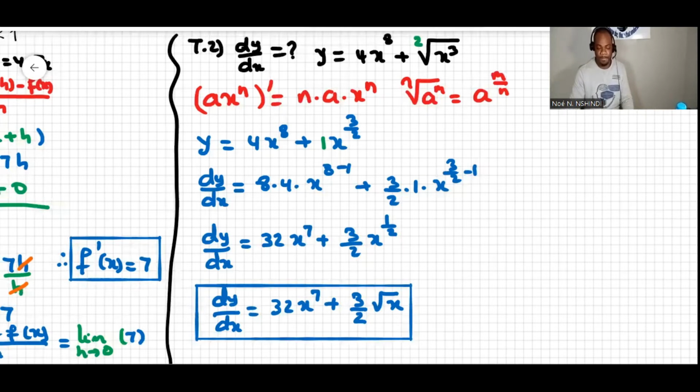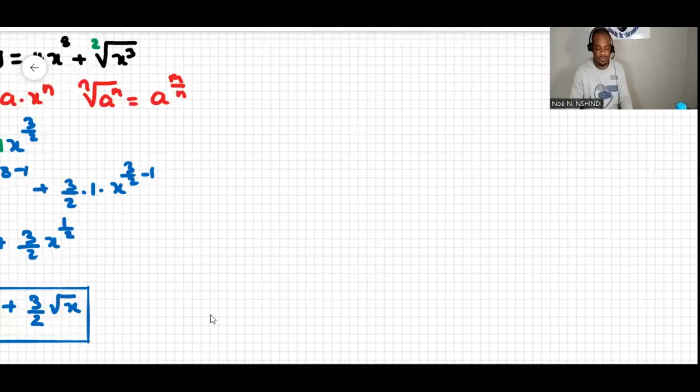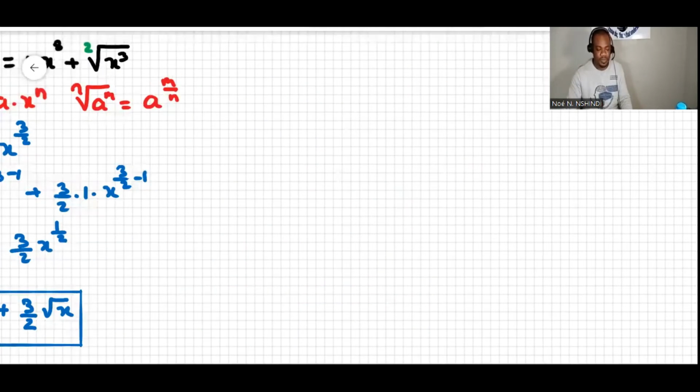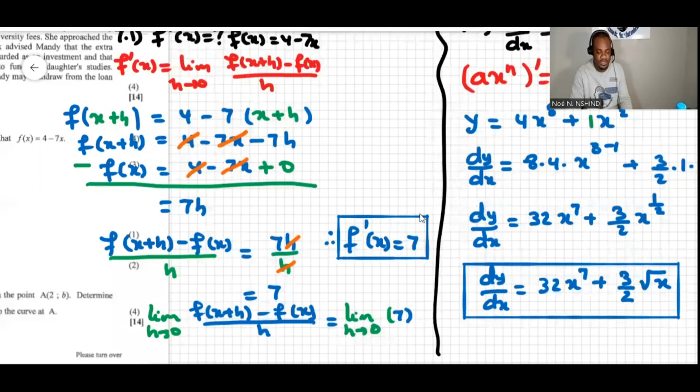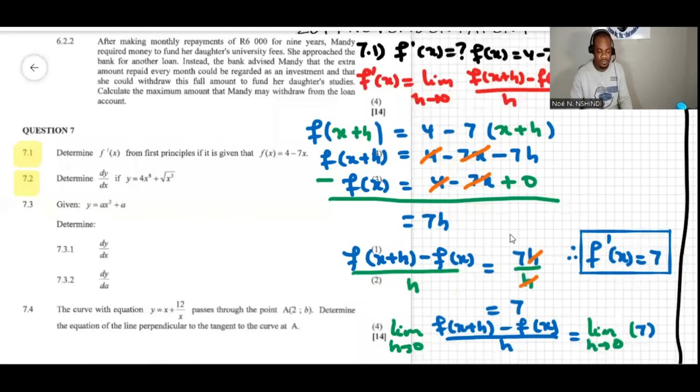Okay, and then the next will be question 7.3. Let's see 7.3. The question says that given y equal to ax squared plus a, determine dy/dx and determine dy/da.